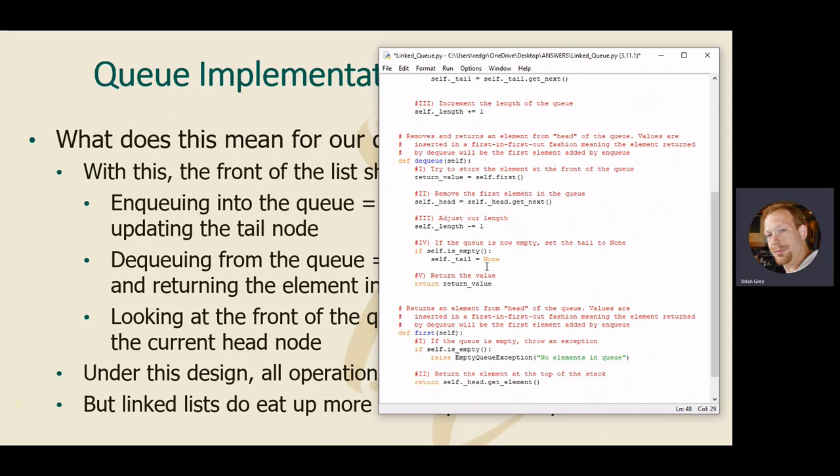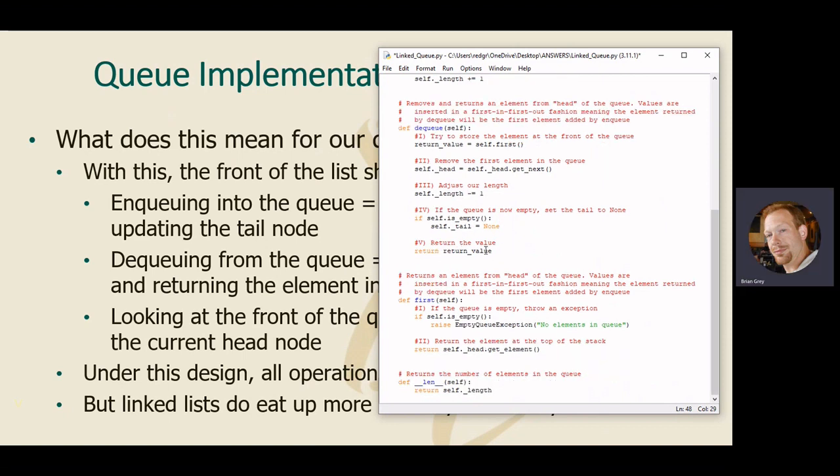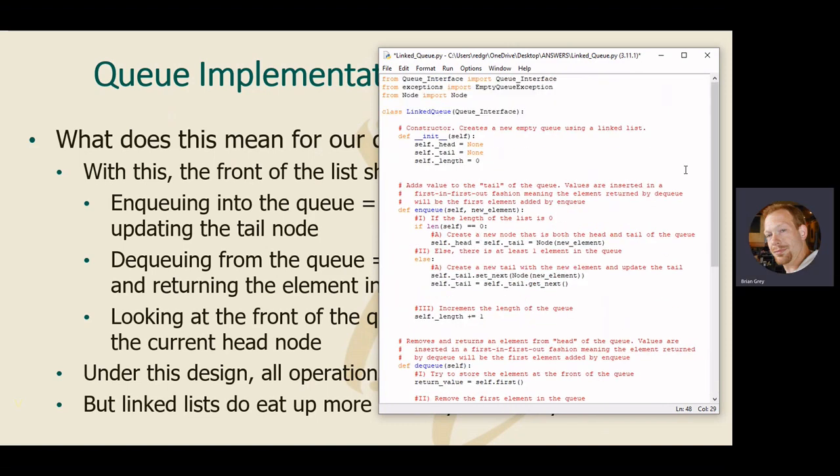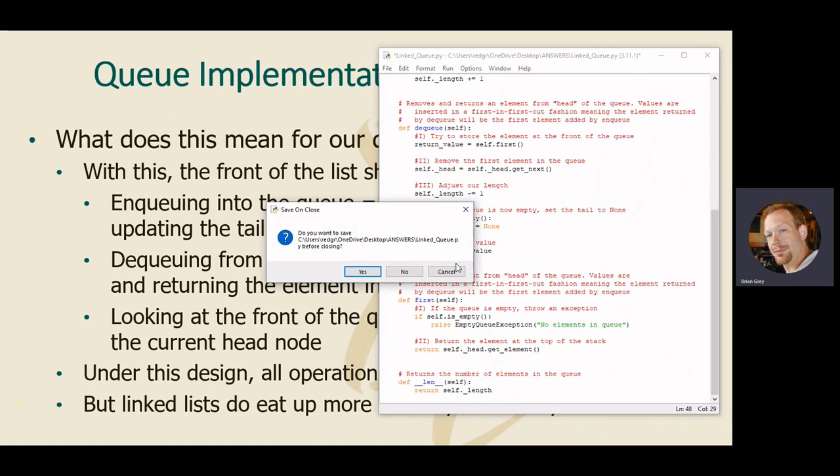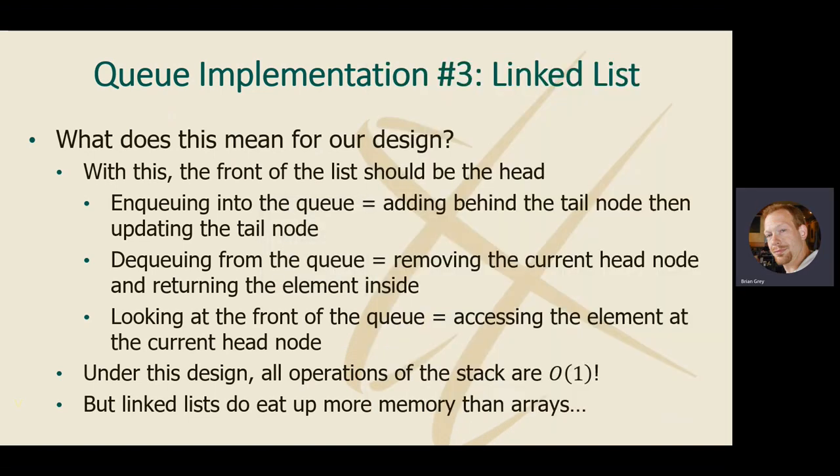If we do have an element in there, then our tail node's going to be correct. So we keep rocking. And then we return our value. Again, straightforward. No benefit of this in performance over anything else that is significant. The difference just comes to what you need out of your queue implementation.